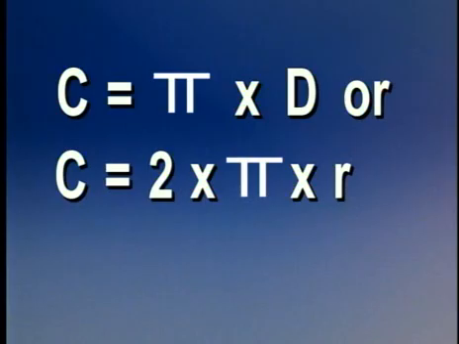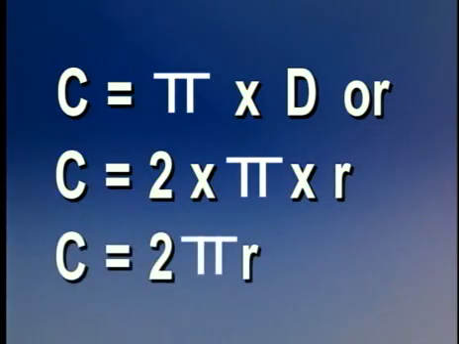Earlier, in an earlier lesson, I mentioned that algebraically, when we have symbols that are letters, like pi and r, we don't have to put a multiplication symbol. So we could write also, if we wanted to, the circumference of a circle being equal to 2 pi r. 2 times pi times the radius of the circle.